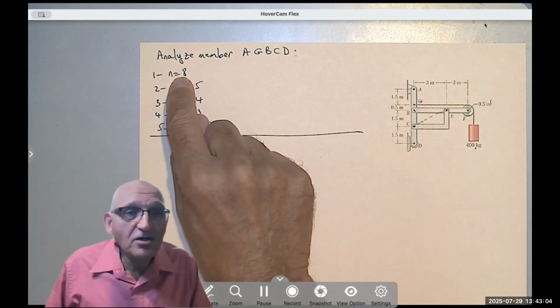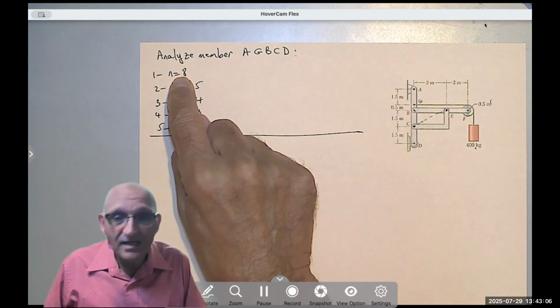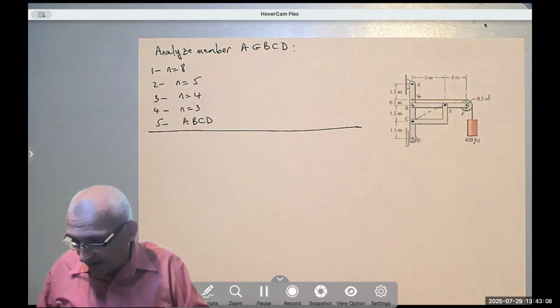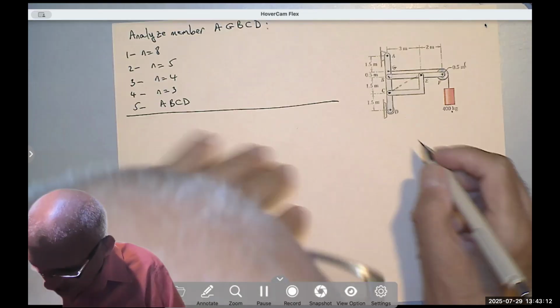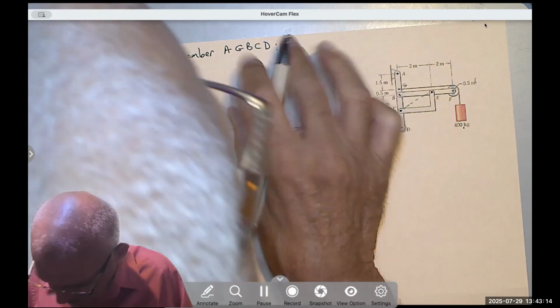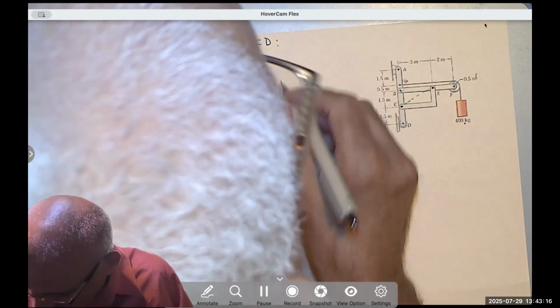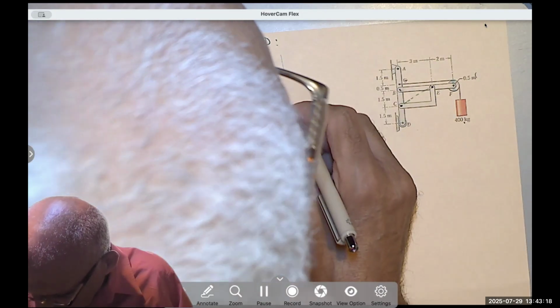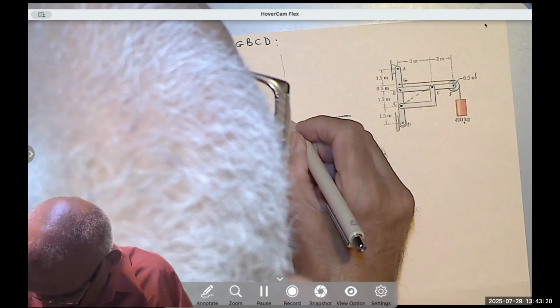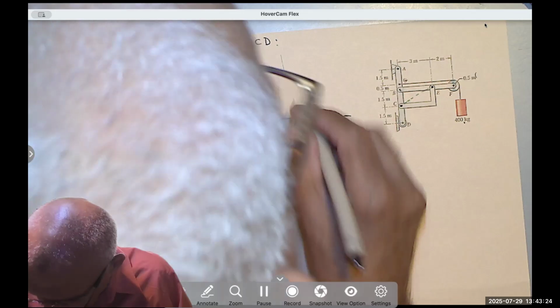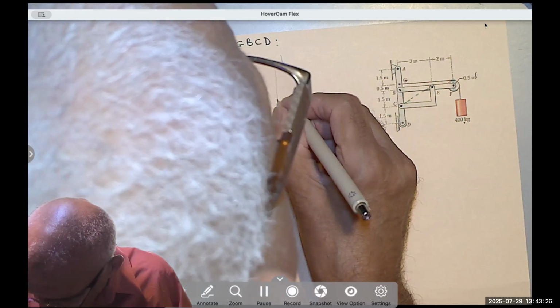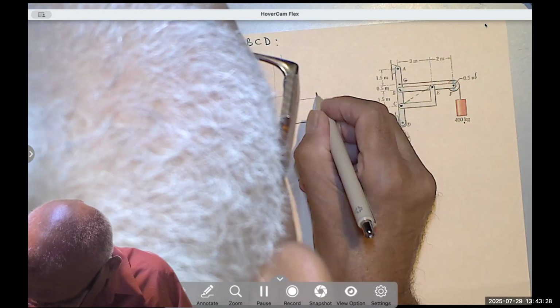First, we are going to find the support reactions. So let's redraw the frame. To save space, I'm going to redraw it here. I have A, B, C, D. At D, there is DX. Here is C. So there is member CE.